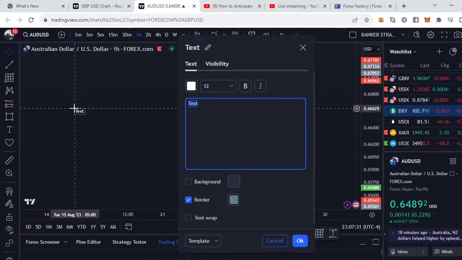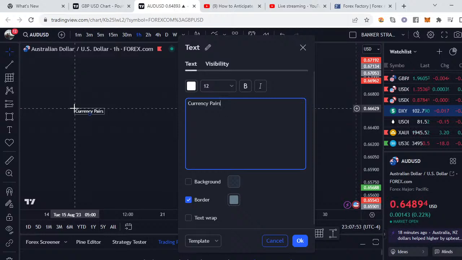Lesson number one: currencies, currency pairs. Please screenshot, take notes, everything. Whatever I say, write down, or stop the video and screenshot it. Please do that.